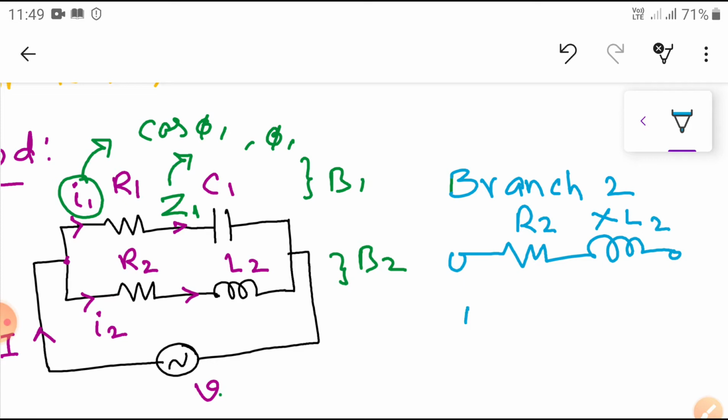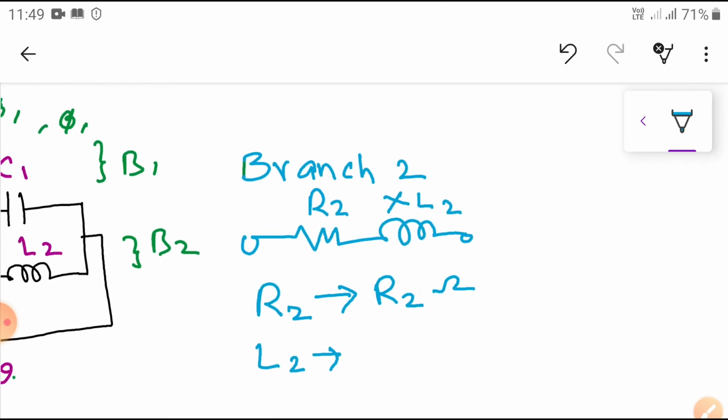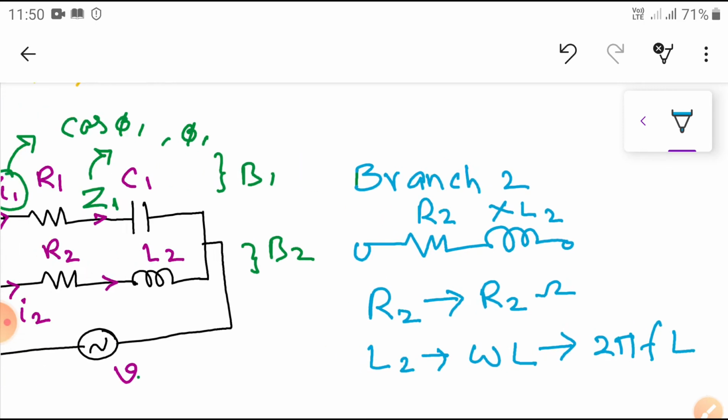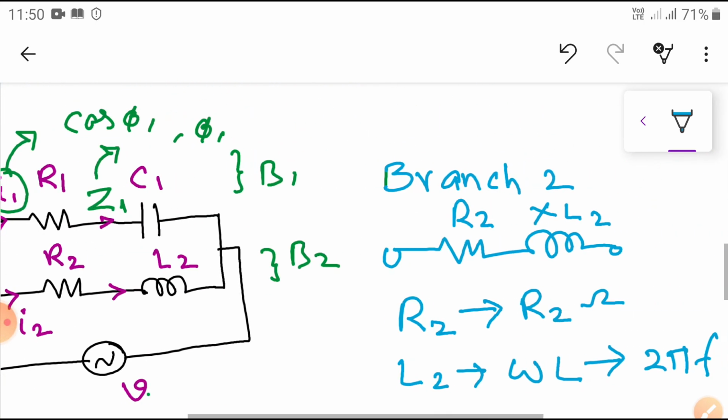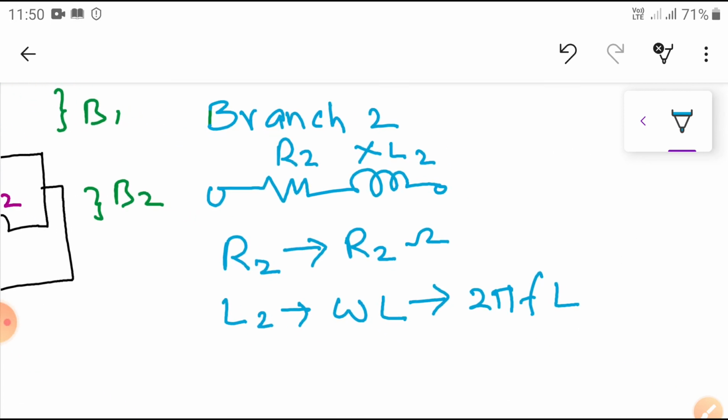Inductive. R2 is directly given in ohmic value, simply R2 ohms. But here L2 is given, you have to convert it to omega L, which is 2 pi f L. Now you know this value, find the Z2 impedance value.